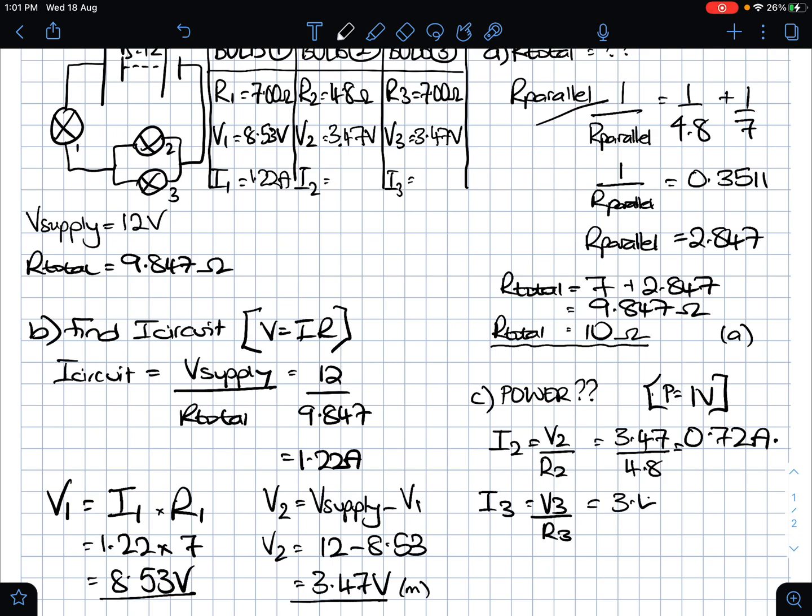So that's 3.47 over 7, and that's 0.5 of an amp.